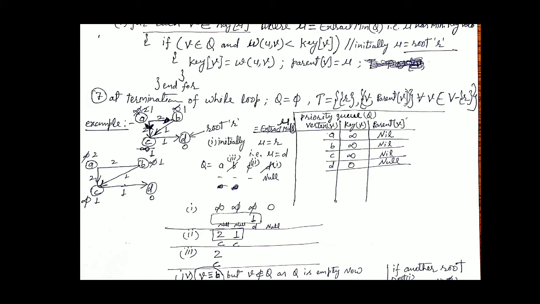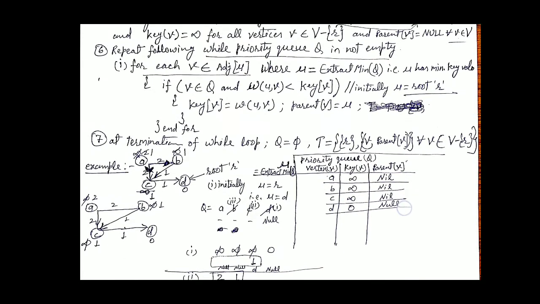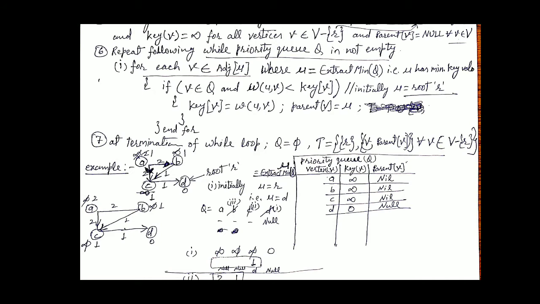Initially root has the 0 key value and others have infinity. So initially it will choose the root as the vertex u, and it will check whether the adjacent vertices have the minimum key value or not.